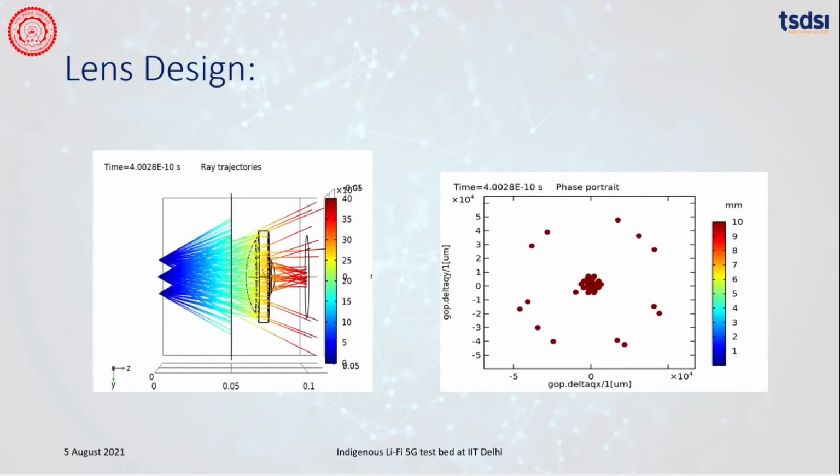So here's our lens design. This is an aspheric graded refractive index lens which focuses light from all directions into a single area with equivalent optical power if we move on this area. So this simulation was done in COMSOL, and we are still working to improve its performance so we could have a greater field of view.